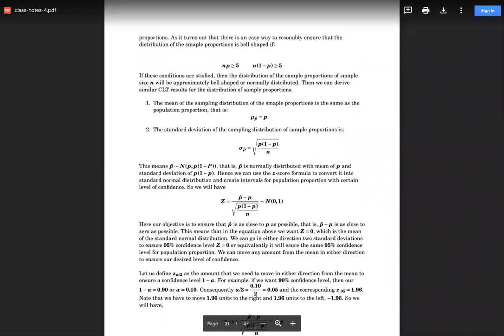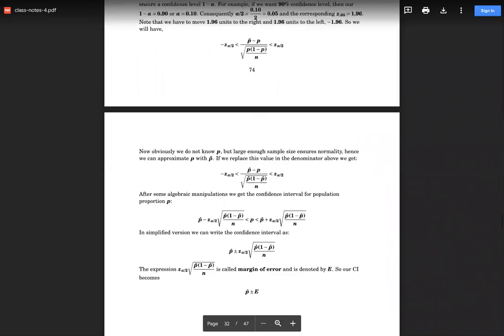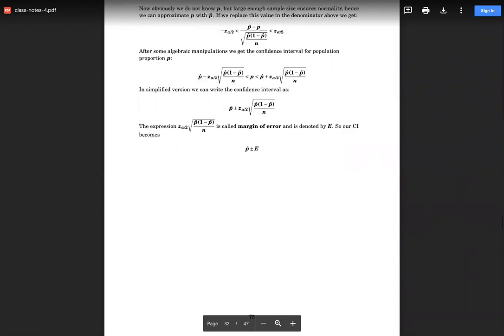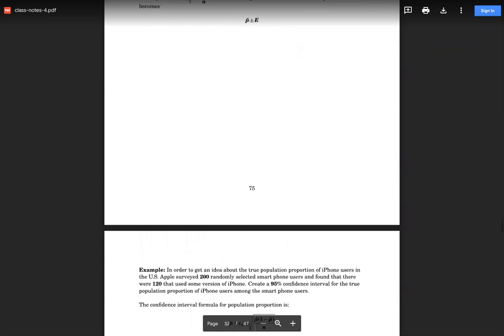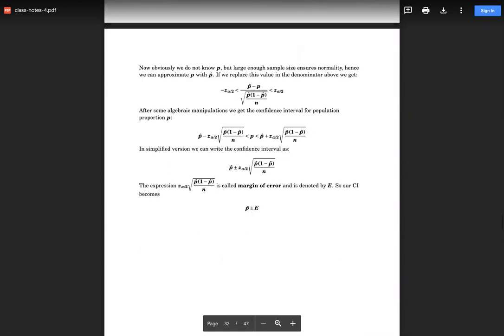Let's move on here. And the formula. This is the derivation of the formula. I'm not going to go too deep into it, except that the confidence interval is found by p hat plus or minus e, which is the same as p hat minus e, comma, p hat plus e.